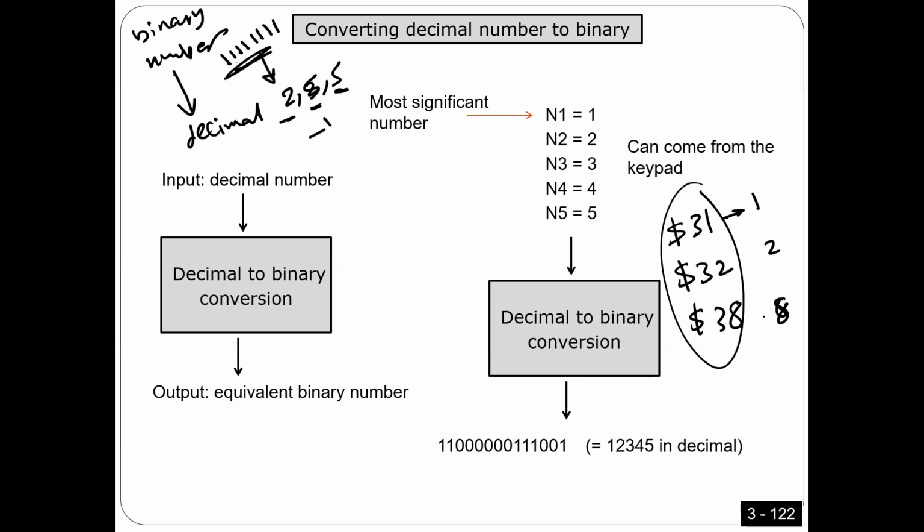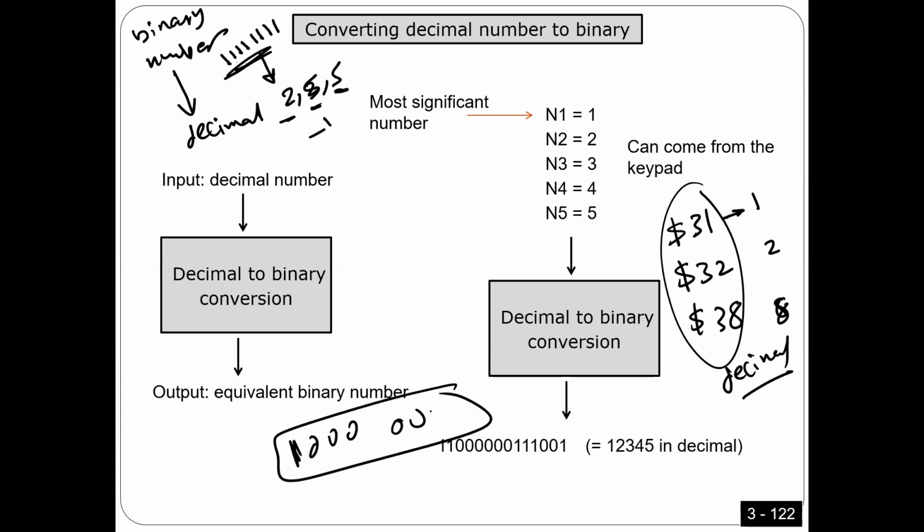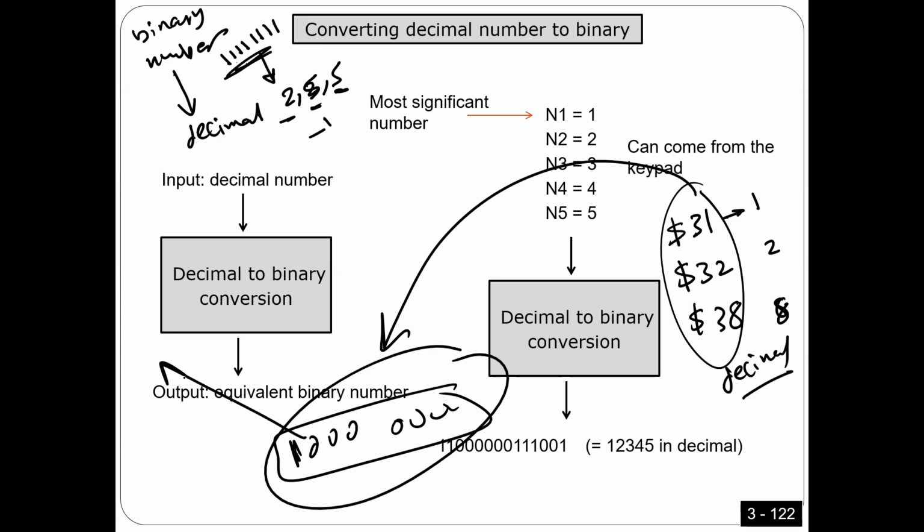Is that okay? That's what you will get from the user. That's what we call decimal. So you have to convert this decimal number to binary. So this should be 10000000.